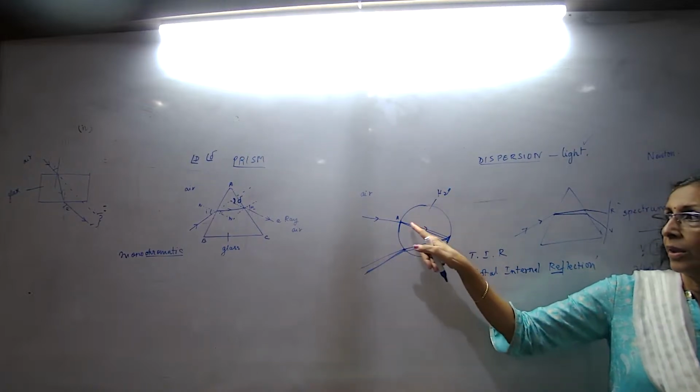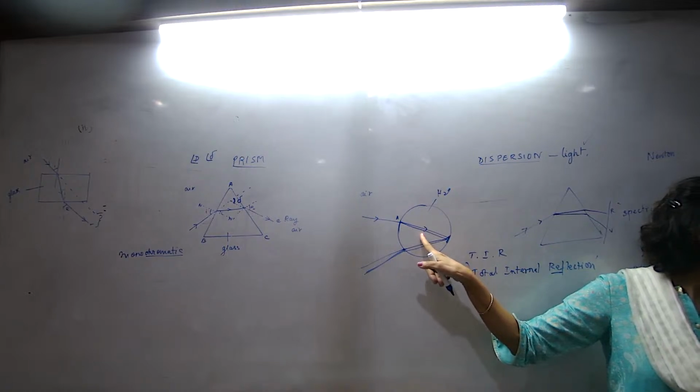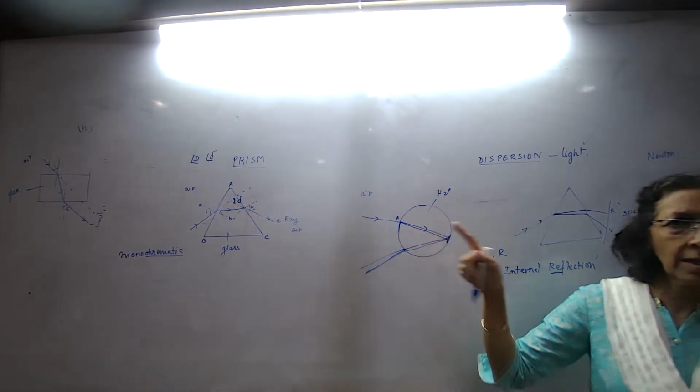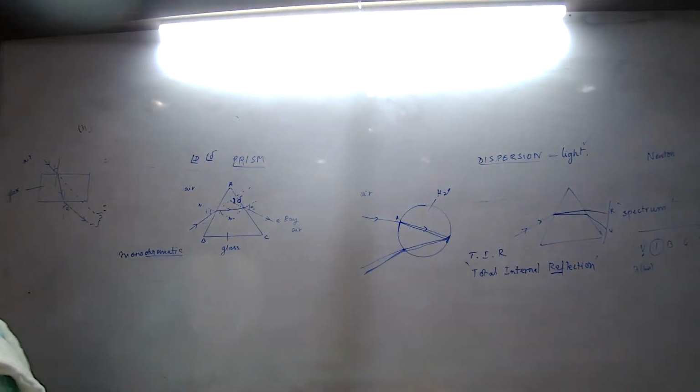Now at point A, something else is also happening. What is happening? Dispersion. Also write down: dispersion takes place. Now what is dispersion? Come on, write down. I'm explaining what is dispersion.